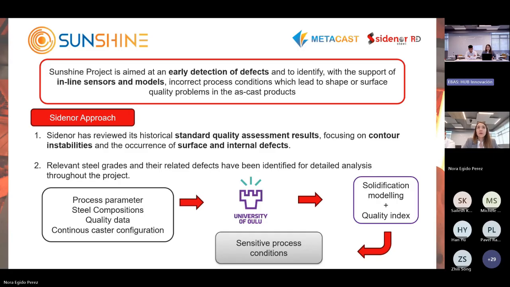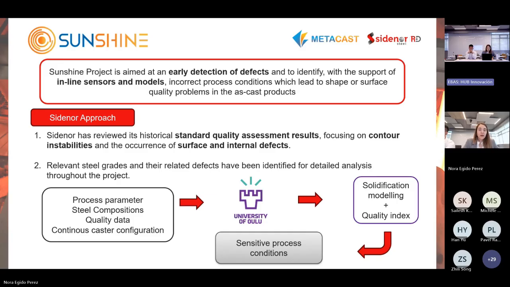And we have focused overall on contour instabilities and also the occurrence of some surface and internal defects. The idea of reviewing this standard quality assessment is to spot relevant steel grades and being able to connect them with their related defects.